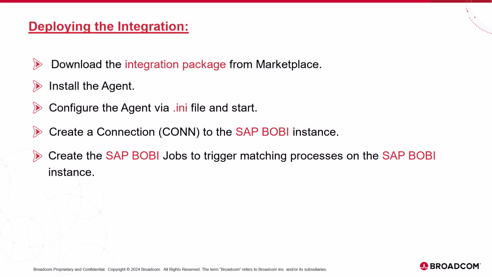We match these Automic Automation jobs to the SAP BOBI jobs, reference the connection object, and run them. We're able to supervise the jobs, generate logs, and retrieve the statuses. The jobs can then be incorporated into non-cloud workflows.